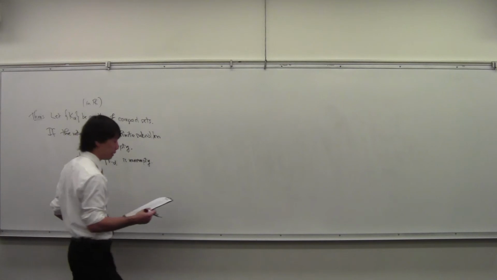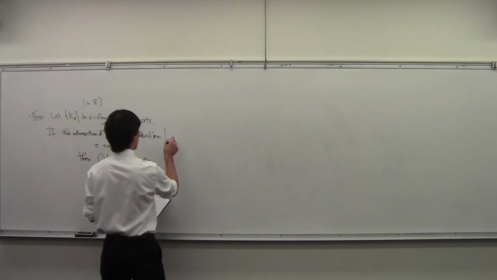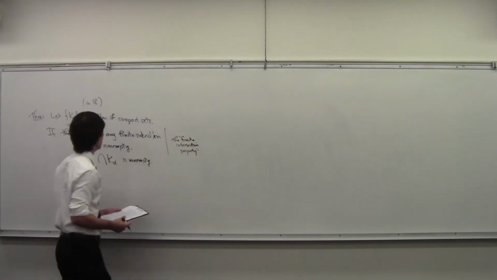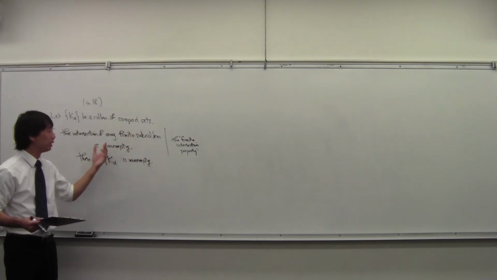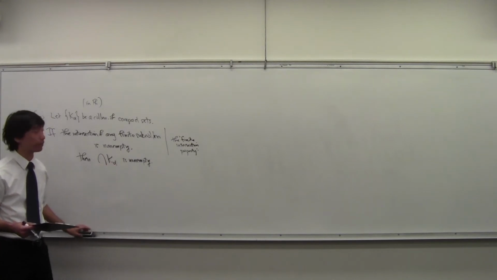This thing here is sometimes called the finite intersection property. So if your collection satisfies the finite intersection property, then the intersection of all of them is non-empty.